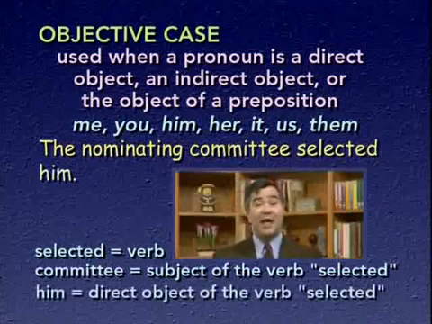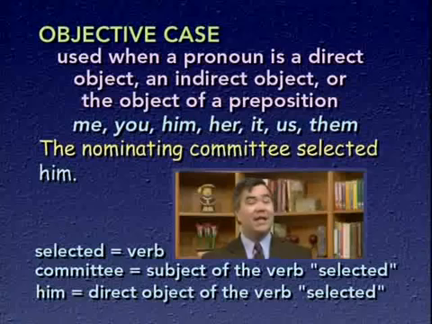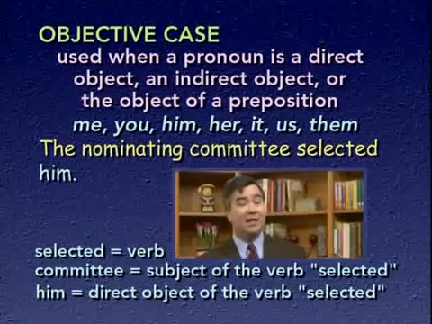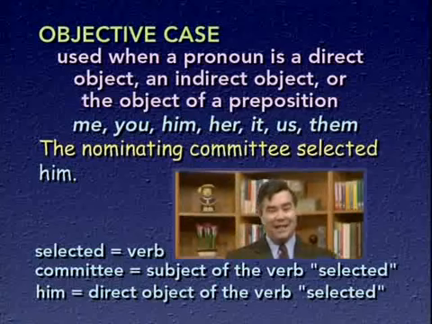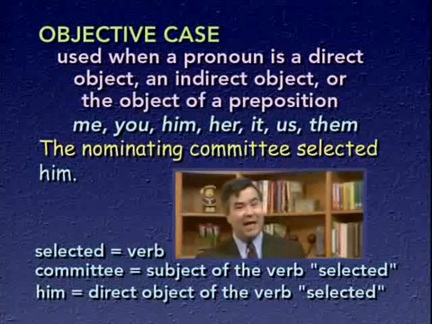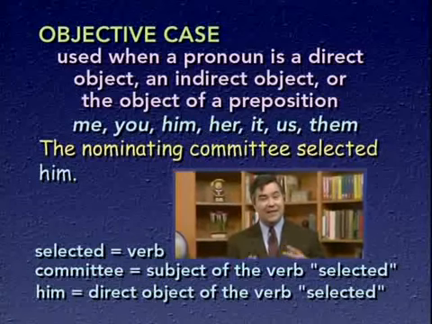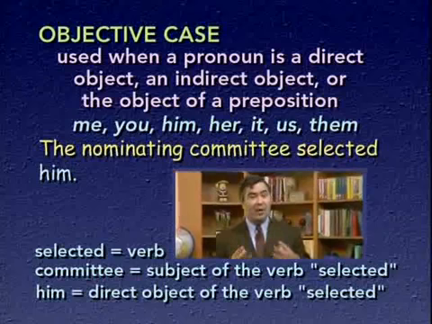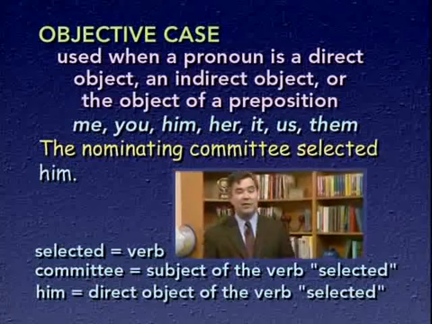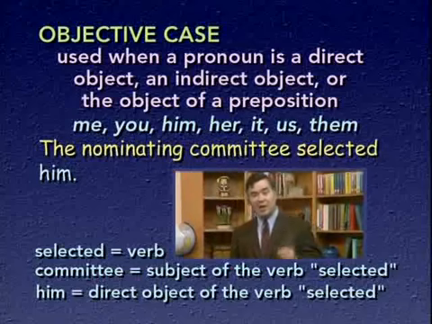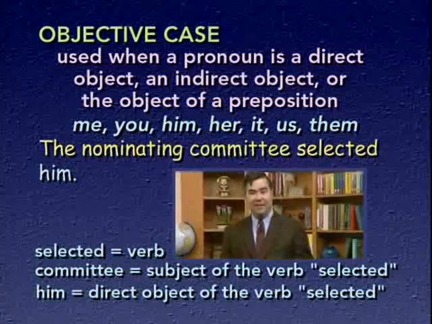It's the direct object of the verb selected. It receives the action of the selecting. Selected is a transitive verb, and the object that receives that action is him. Since this is a pronoun being used as the direct object of the verb, it should be in the objective case, as it is, him.